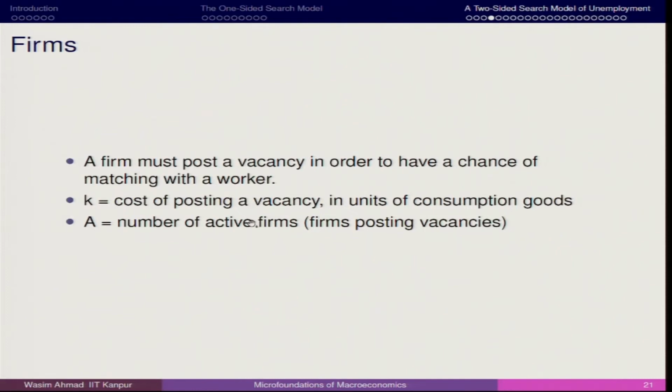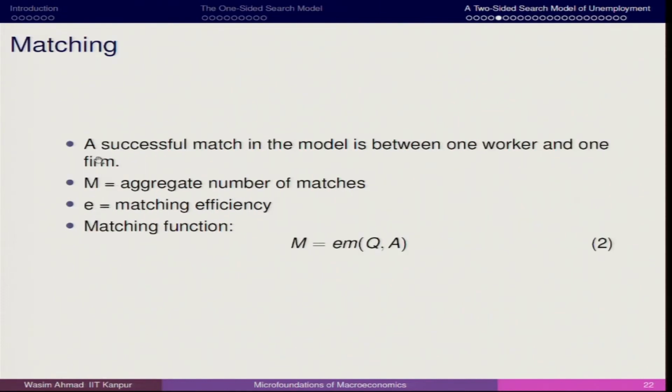If the company is posting vacancies, then it is counted here. I hope it is clear that here we are introducing a firm who is looking for a skilled workforce. Whenever the firm posts the job, it incurs the cost K, which is paid to the consultancy firm, and A is the number of firms that we are looking at.